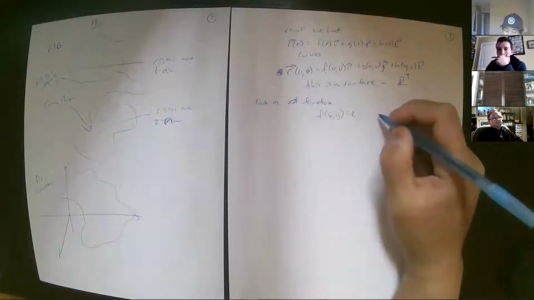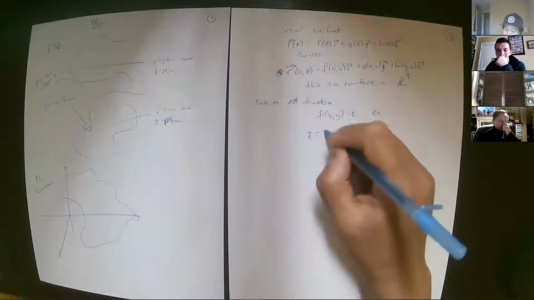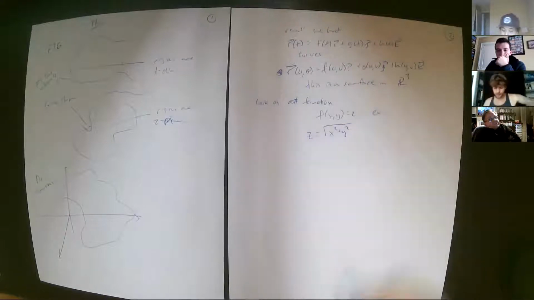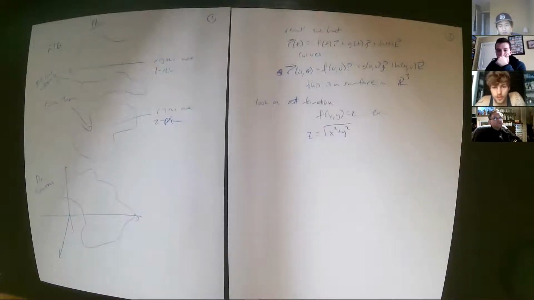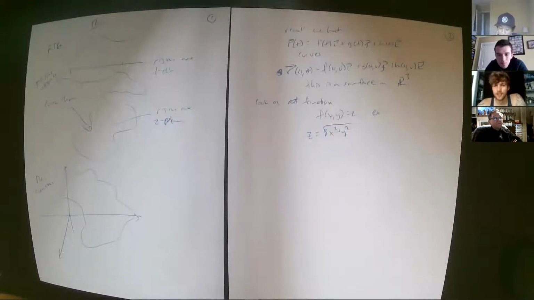Right? And we can say, for example, z is the square root of x squared plus y squared. What kind of shape is this? Circle? It's the, well, I want 3 minus this. We'll do that.